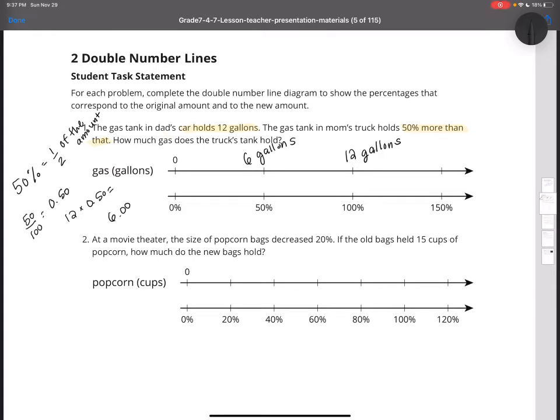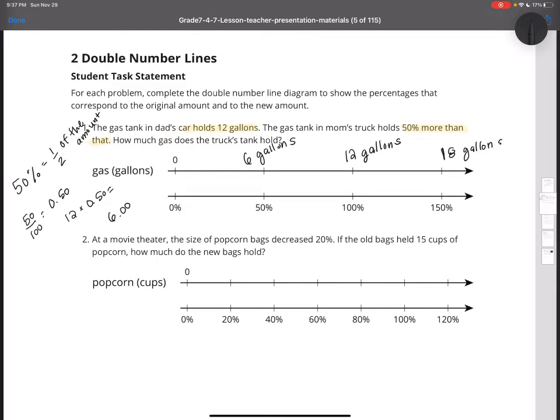So this means that each increment on this double number line, each 50%, represents 6 gallons. So if 50% is 6, 100% is 12, what would be 150%? If you guessed 18 gallons, you are absolutely correct.